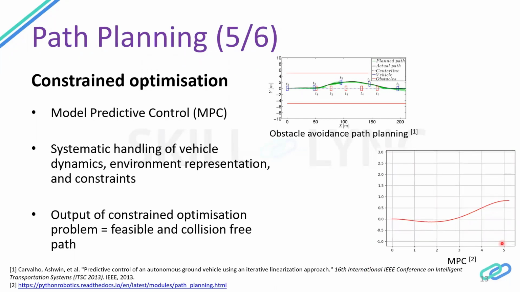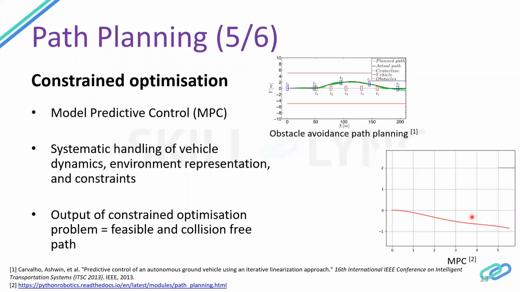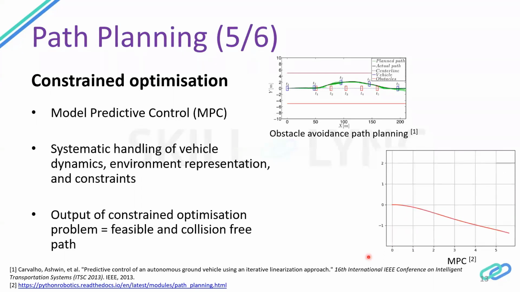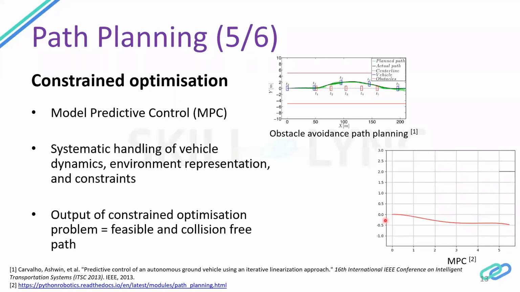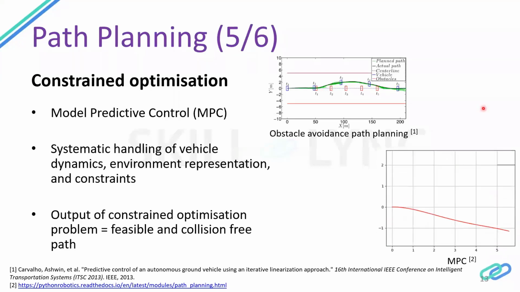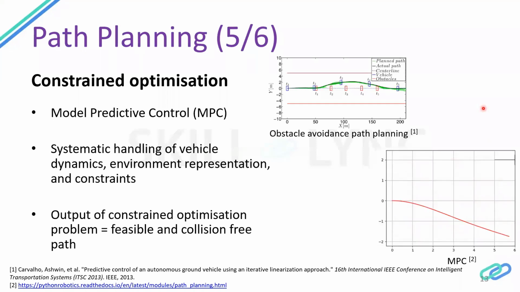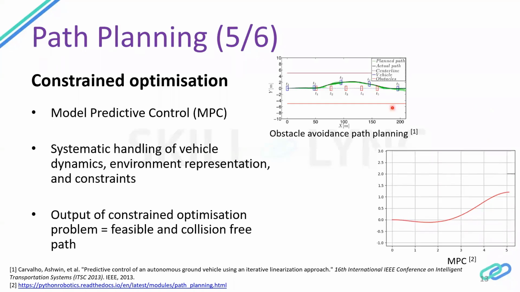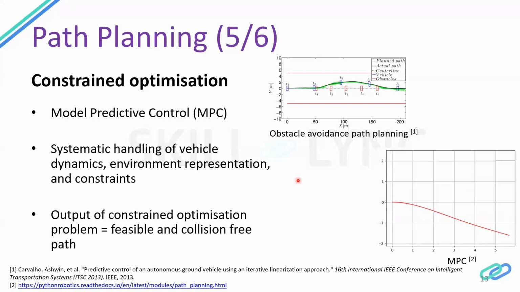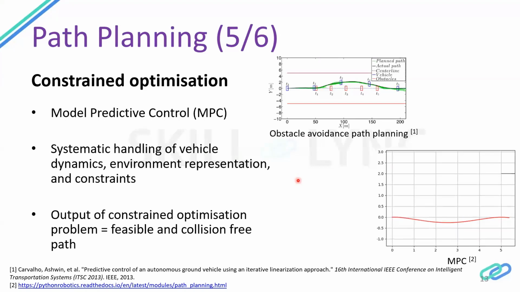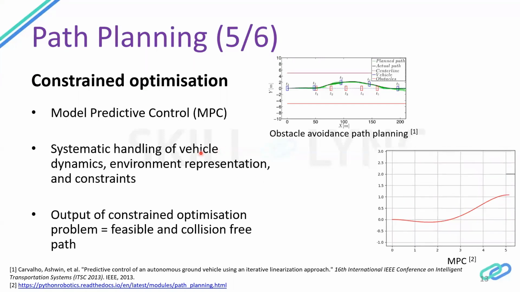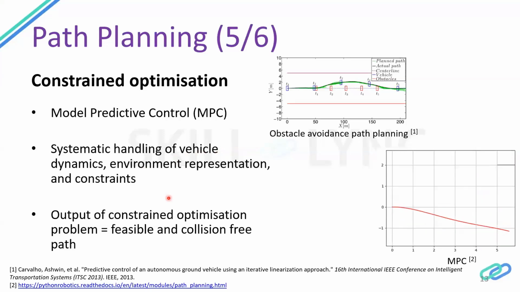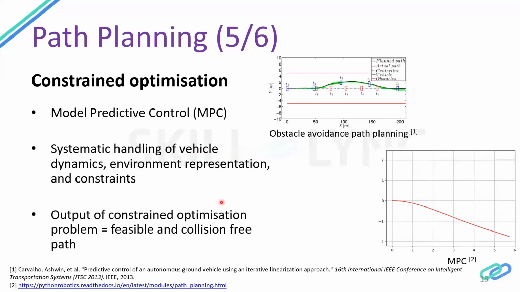Then the optimization comes up with all these different paths that you see in this animation, and it selects the final path going from the initial point to the final point. This is just a very basic introduction to model predictive control based path planning techniques. It's catching a lot of traction nowadays because we have more and more computational capabilities, and we can also successfully incorporate the vehicle dynamics and environment, etc. So it's quite famous nowadays.